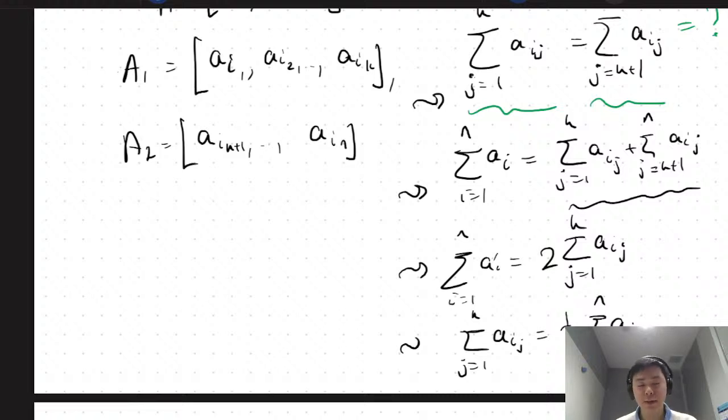There might be some issues with the fact that this might be an odd number, but for most of our purposes, we're going to assume that this is even, so that this is an integer.